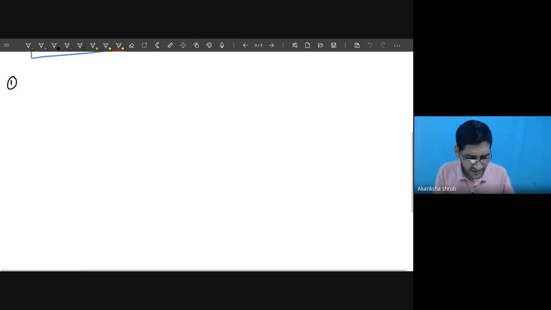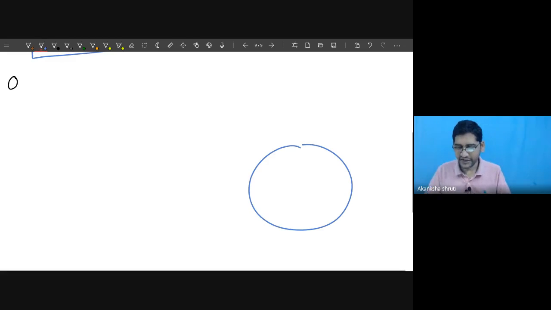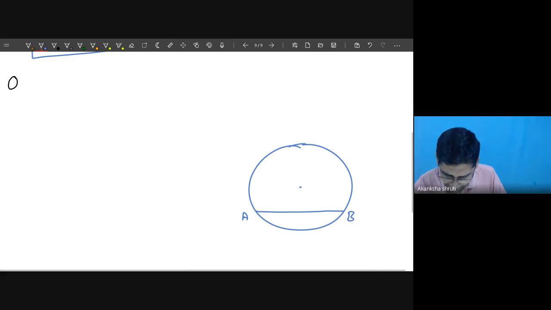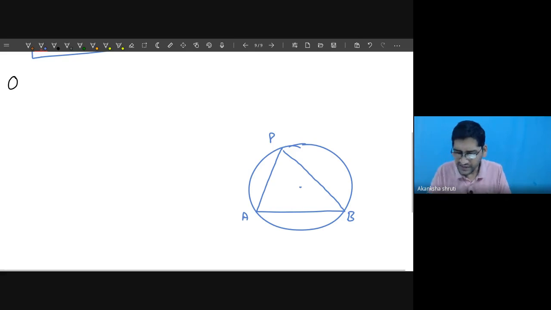That condition we are going to learn. If we are considering a circle, the arc AB or the chord AB, for a moment I am not relating to the center, but I may take a point P on one side.